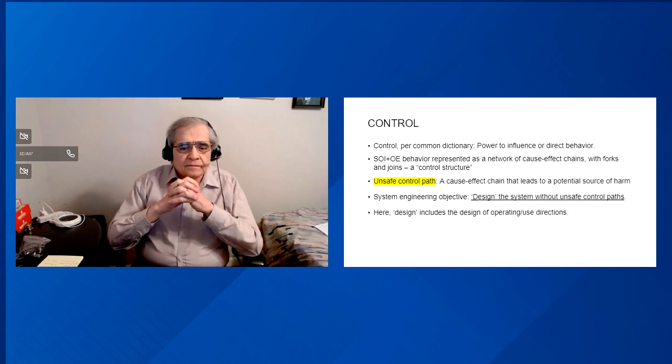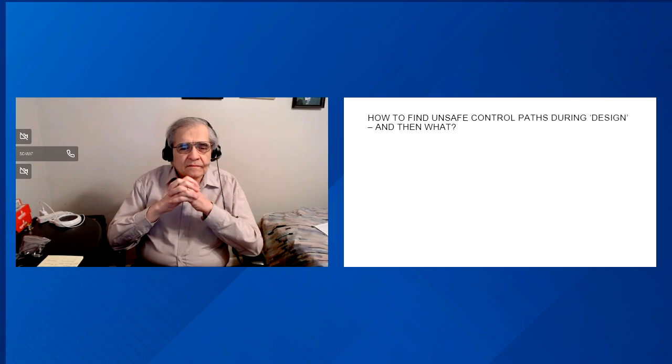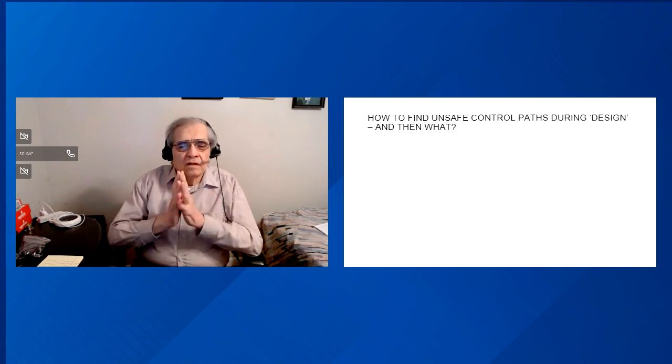Okay, now on to the heart of the matter. How to find unsafe control paths during this design, broadly interpreted. And then upon finding unsafe control paths, what to do.